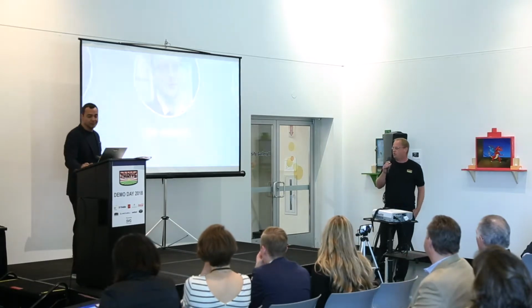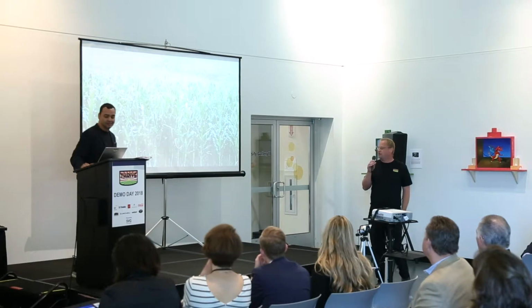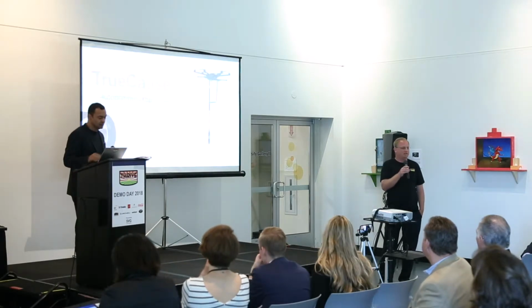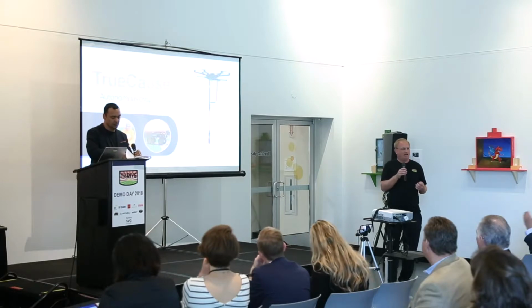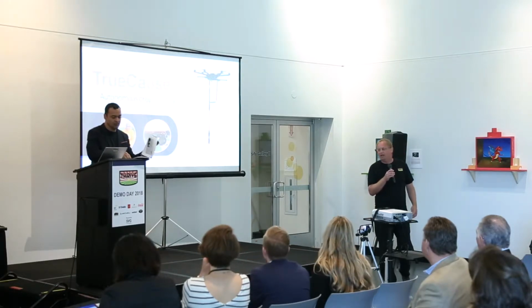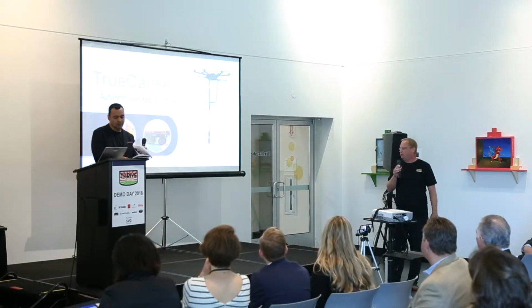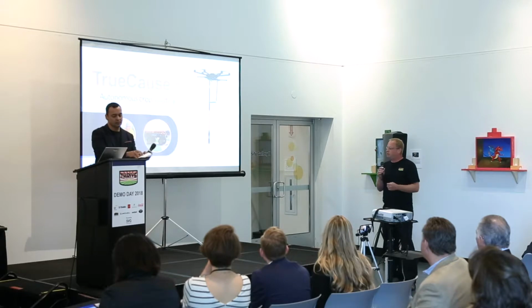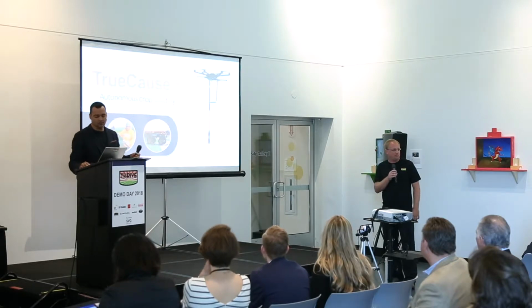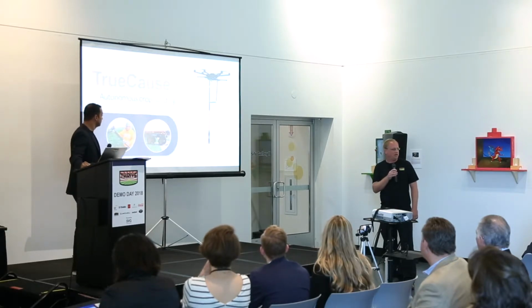So it all starts with a new sensor that we call TrueCause. TrueCause is a collection of sensors that collects data under the canopy of the crop. It can be mounted on a hand probe, existing equipment, or our favorite thing is on a fully autonomous drone. And this sensor picks up disease, insects, nutritional deficiencies, and environmental stresses.